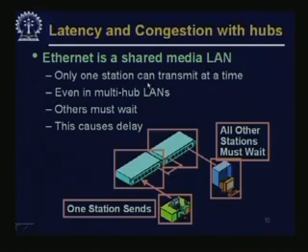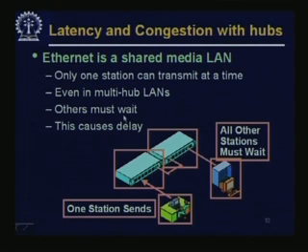Okay. So, now we will talk more in detail about the switching business, which is very important. Ethernet usually was conceived as a shared media LAN, where only one station can transmit at a time. Even when you have multiple hubs, these hubs are all in one shared domain, which means that only one station can transmit and all other stations must wait.